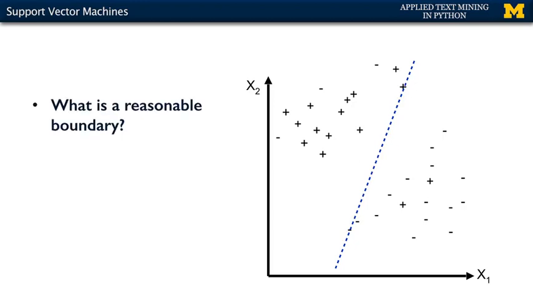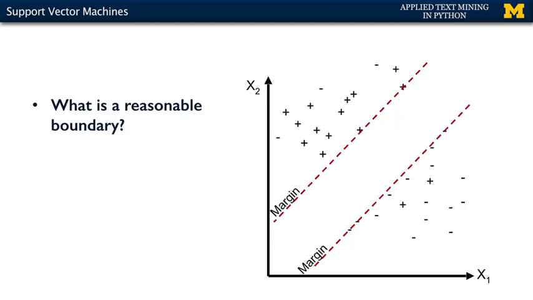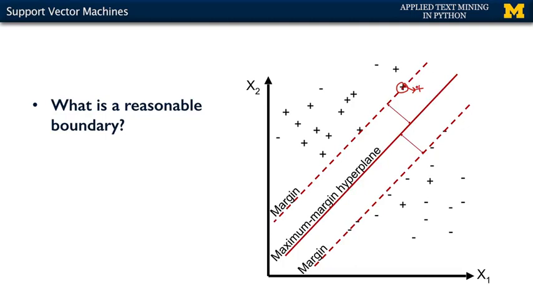However, if you use a line like this, where you have a big band separating the points, you would notice that any small change, the same small change that you made here, would still be on the same side of the hyperplane as what you would expect it to be. So a small change in your data points would still not change the label that this particular classifier will assign. So it's actually more resistant to noise or perturbations.